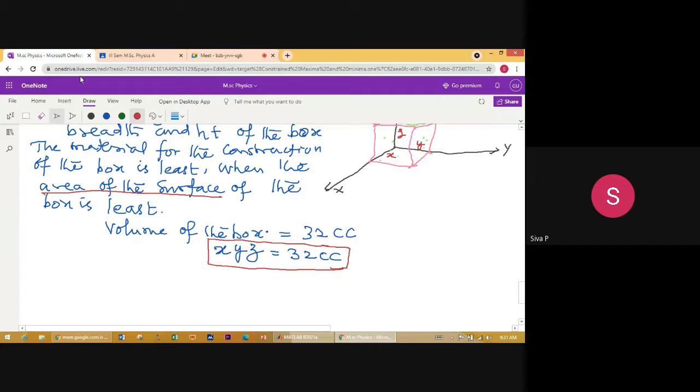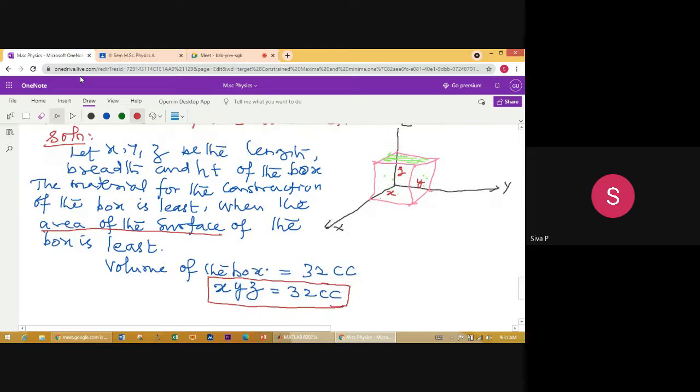What is the area of the surface for the given problem? You can write that f of x, y, z is equal to, so here the bottom is one surface, area xy. The top is not there, the top is open.